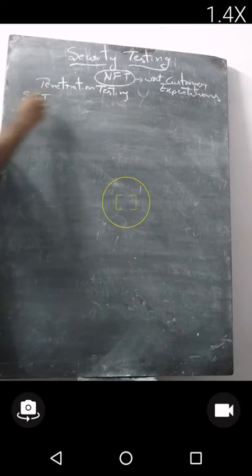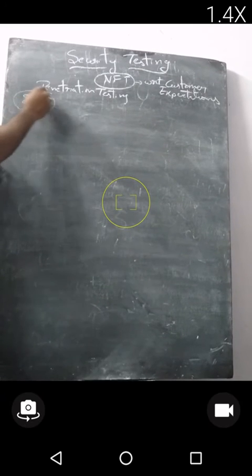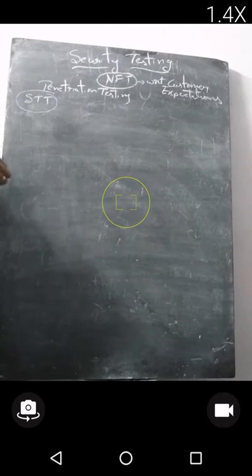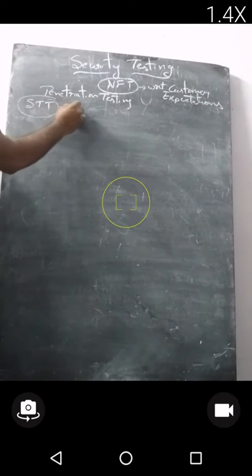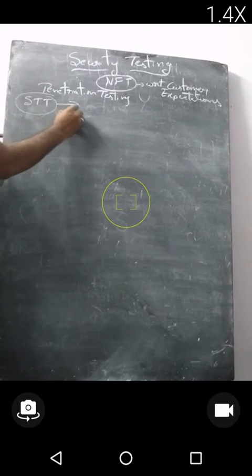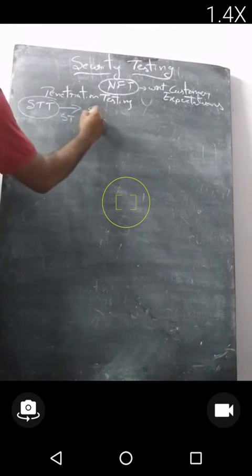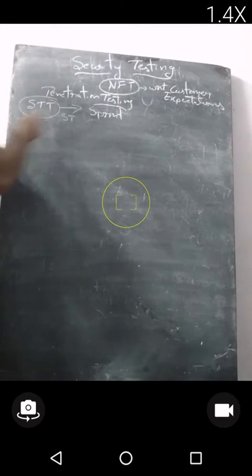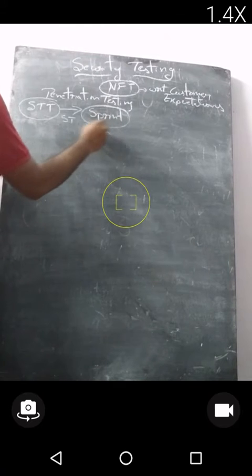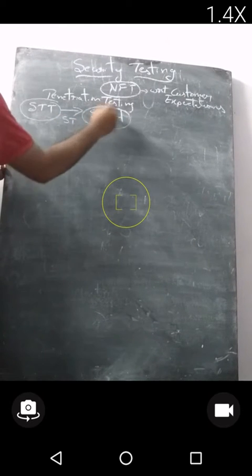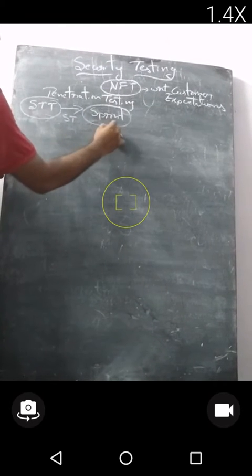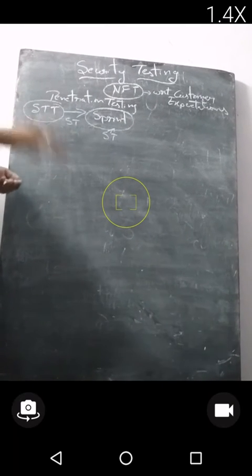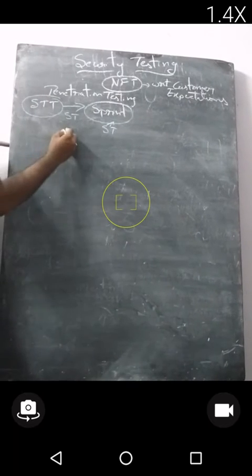The Scrum team tester is going to perform this security testing or penetration testing over the sprint, by following some subtests. In security testing, there are some subtests.